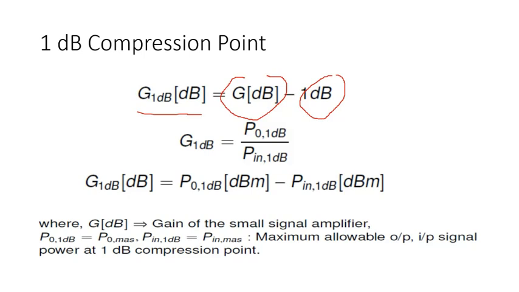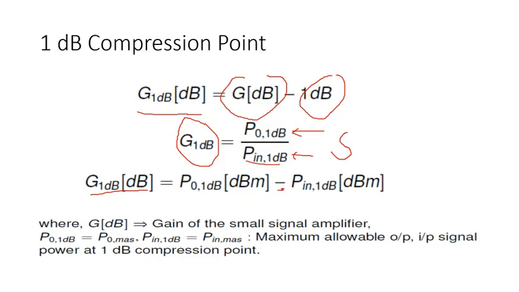So gain, in terms of normal scale, is output power upon input power. So gain at 1 dB will be the output power at 1 dB divided by the input power at 1 dB. This is a scalar value. Now if you convert this into a dB value, this division will become minus.